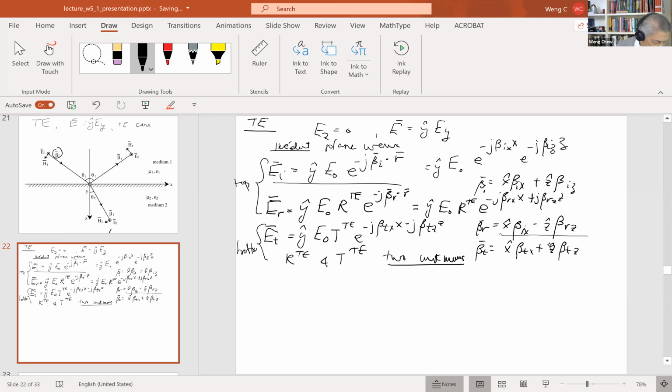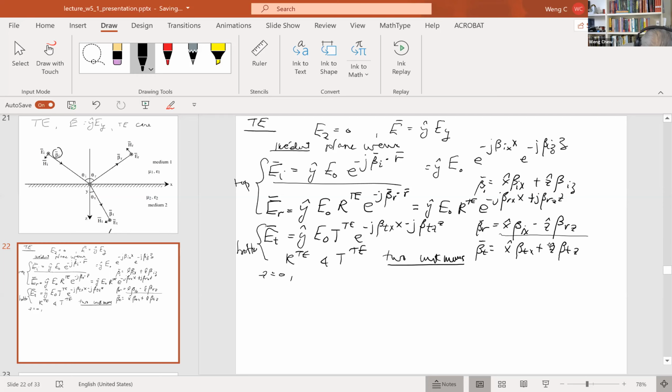If we set z equal to 0, which is where the interface is, then we look at the tangential E field, which is the y component of the electric field.